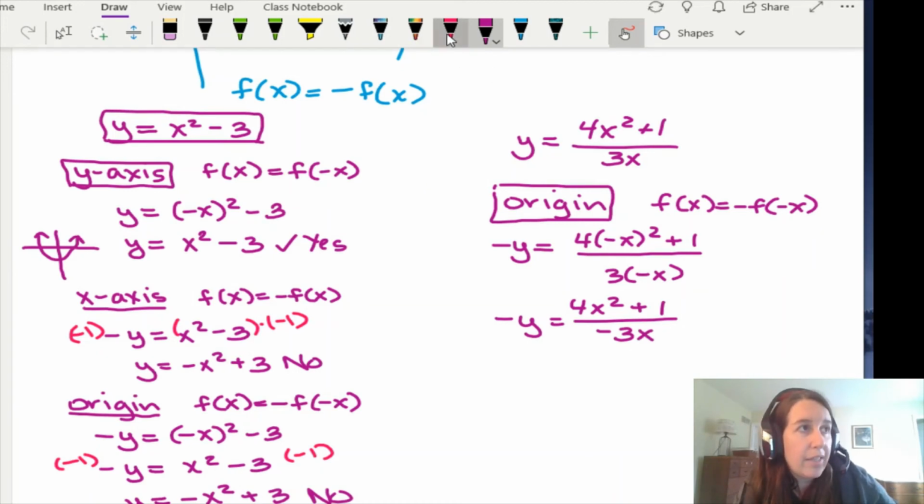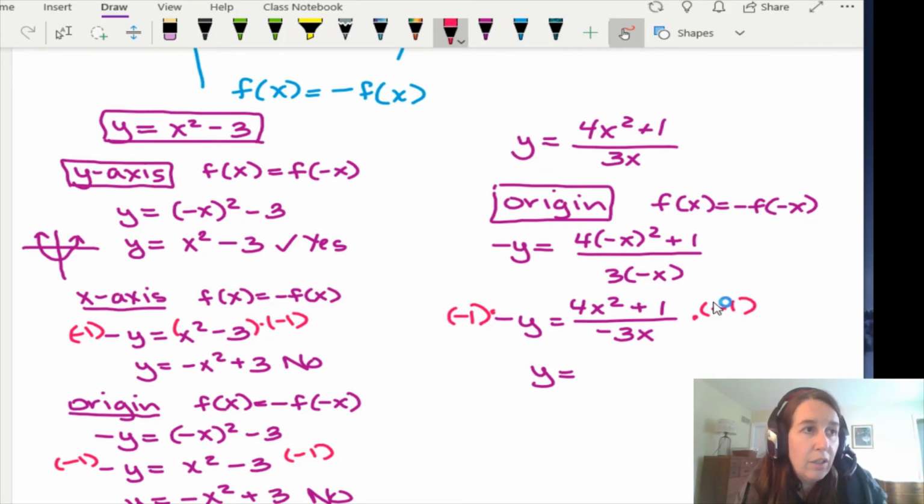Now we're going to get that negative away from the y by doing the same thing we did before, multiplying both sides by negative 1. Okay, I'm multiplying there. All right, so this negative will cancel, so that's y equals. Now on this side, this is where it's a little bit interesting. The negative 1, and then there is a negative 1 here on the bottom, a negative 3, right?